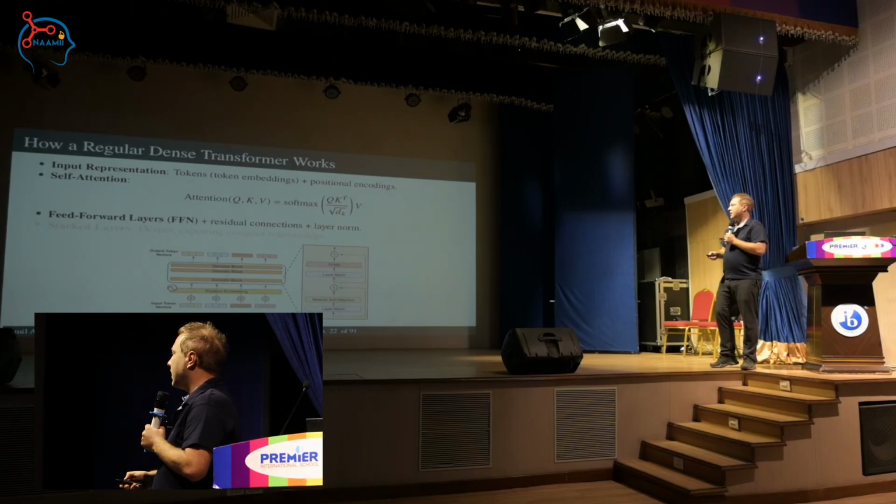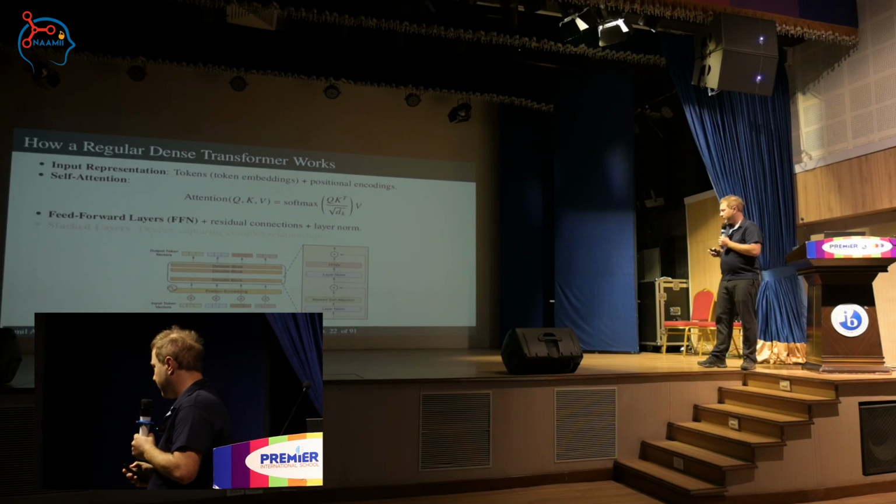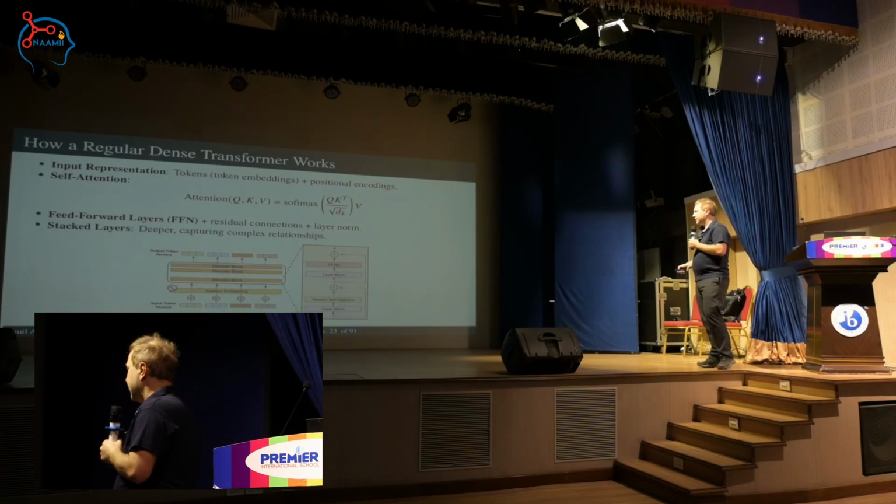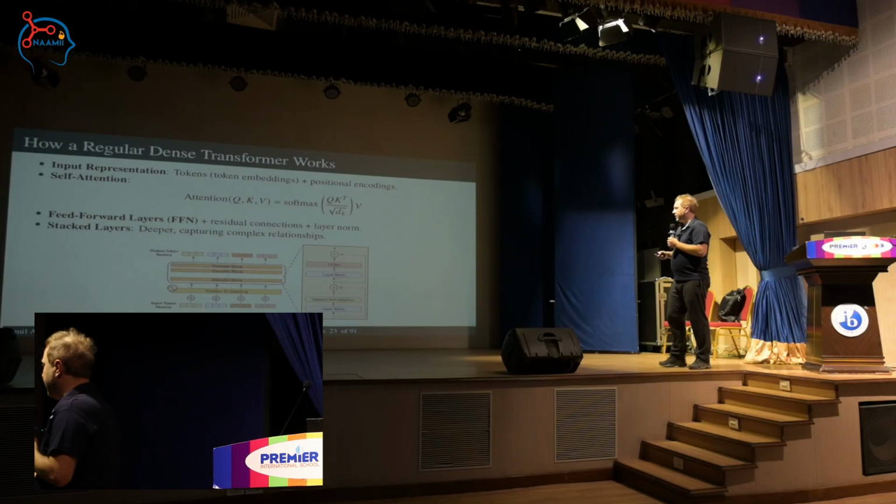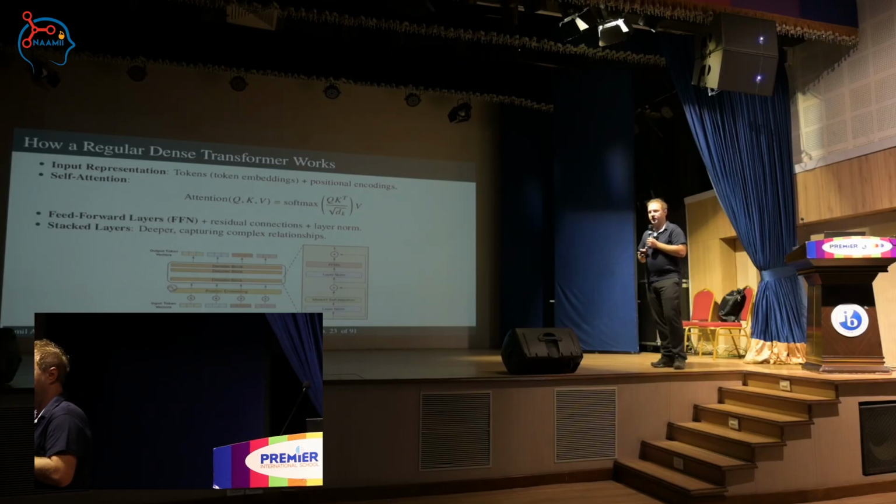And then we will have a feed-forward layer with some residual connections and layer norms. Then we will have decoder blocks, and each decoder block consists of attention and a feed-forward layer. We will basically stack these decoder blocks to get the output. All right, so here are a few elements of the transformer layer.